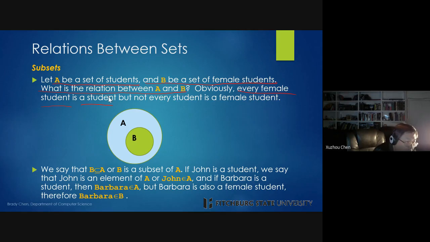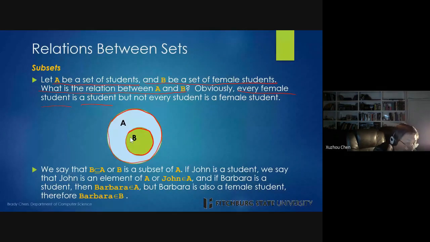So if you think about the set of students as a circle, which I label A here, and then you describe the set of female students as another circle, clearly you can see that B should be included in A, right?